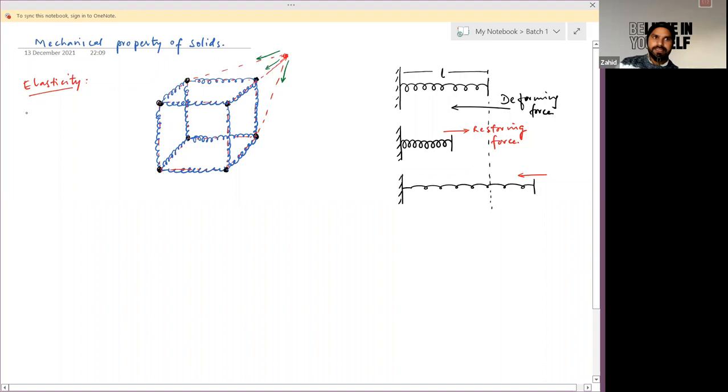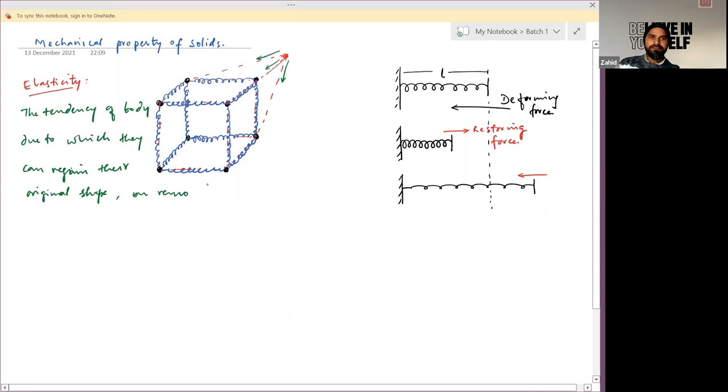So we can define elasticity as the tendency of a body due to which it can regain its original shape on removal of deforming force.